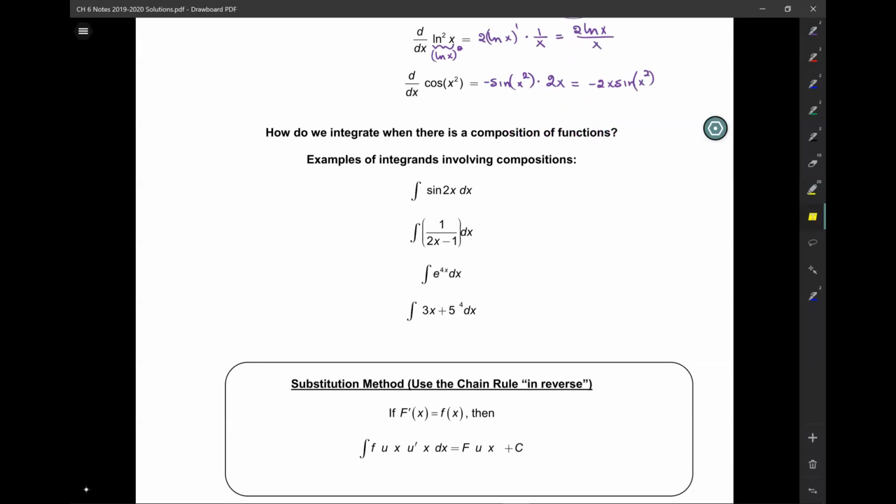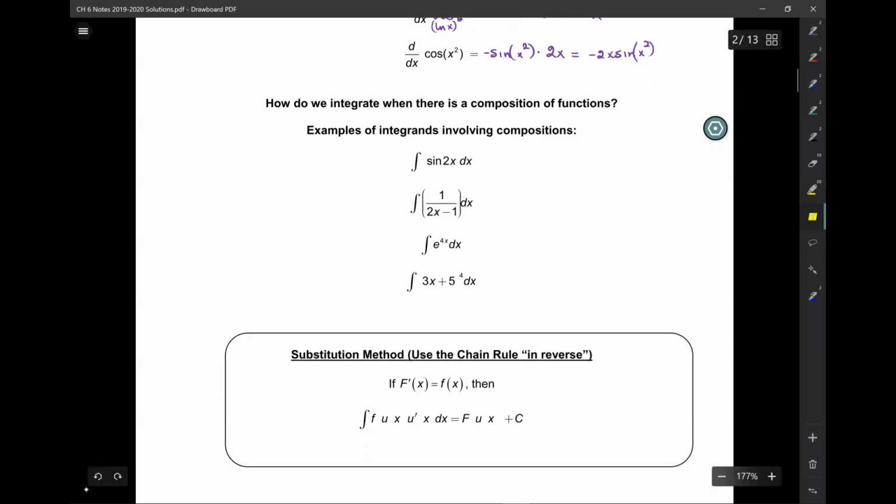What does it look like when we have to integrate a composite function? First we have sine of 2x. You see how this is different from integrating sine of x? We now have sine of 2x. In this one, this is like 1 over x, but now I have 1 over a different function, 2x minus 1.